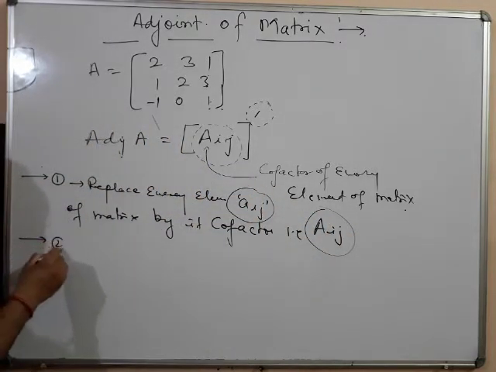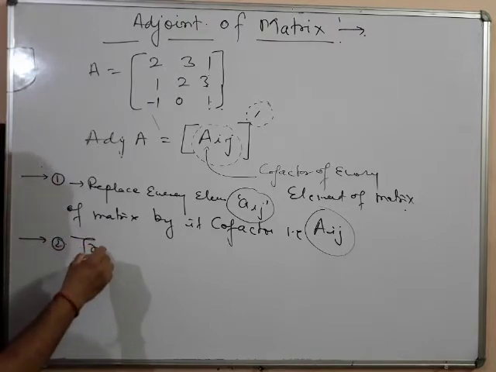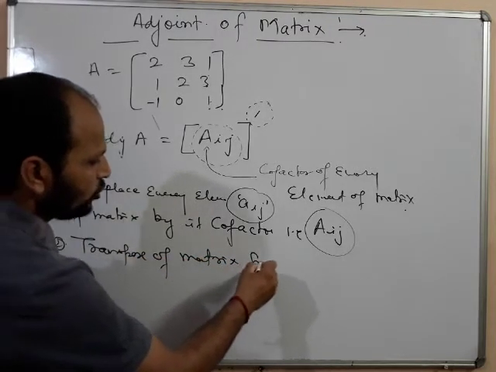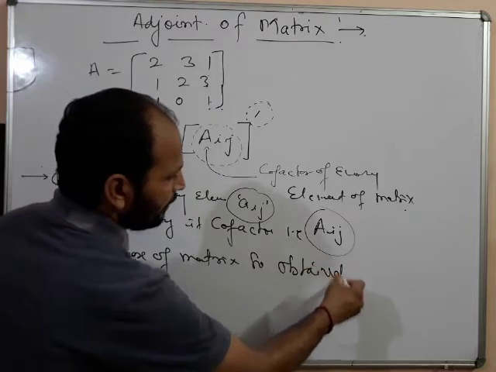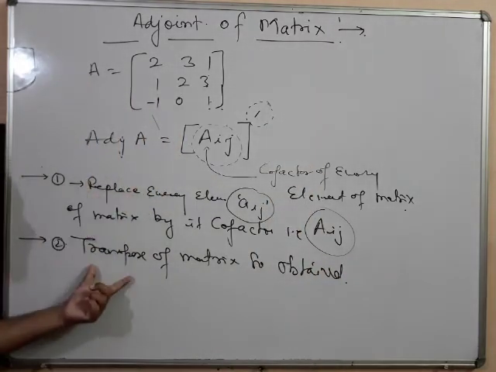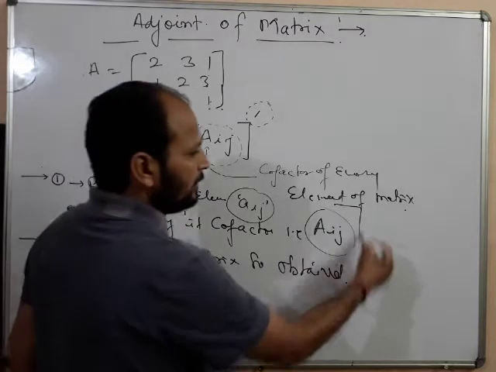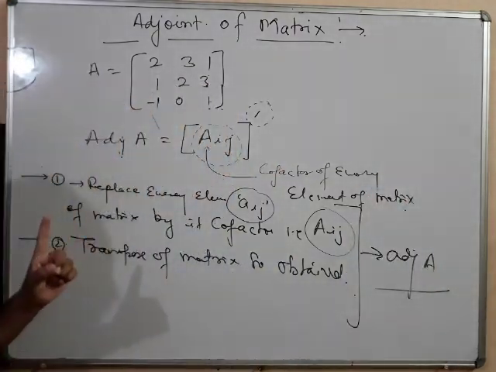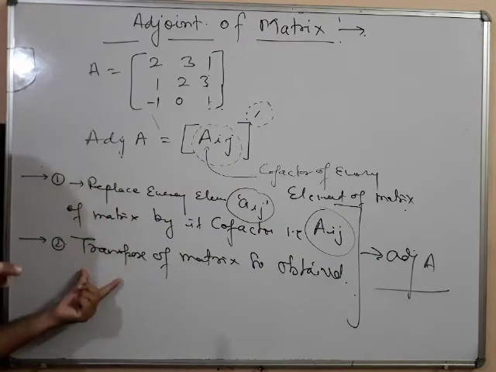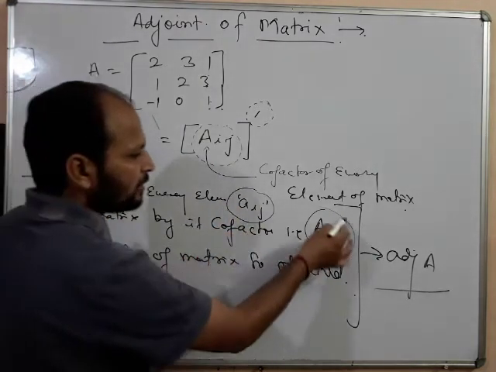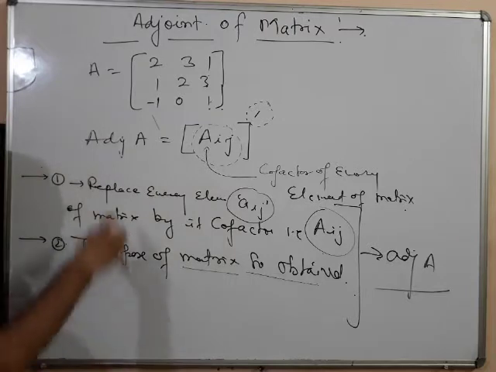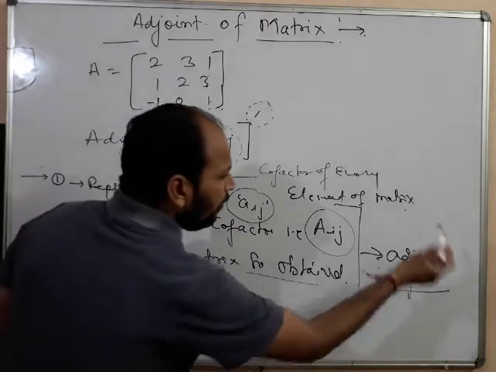And the second step is the transpose of the matrix so obtained. By the result of these two actions, we will get the adjoint of A. First, replace every element by its cofactor, and then take the transpose of the matrix so formed. By the two steps, we will get the adjoint of A.